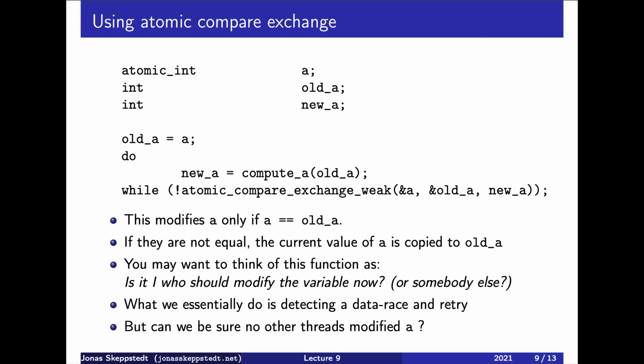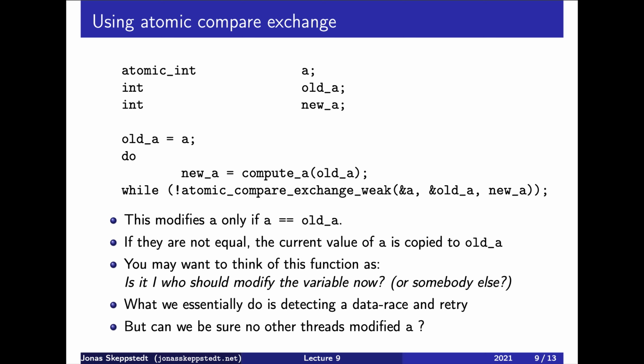Well, one way is to, when we want to update an atomic variable and we require that it is still equal to some older value that we know it had, then we can think of it as: is it I who should modify this atomic variable now, or maybe somebody else has done it.